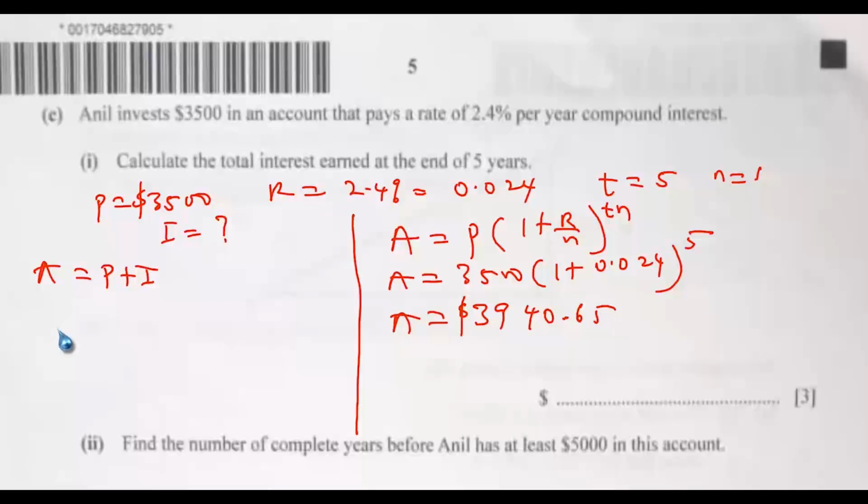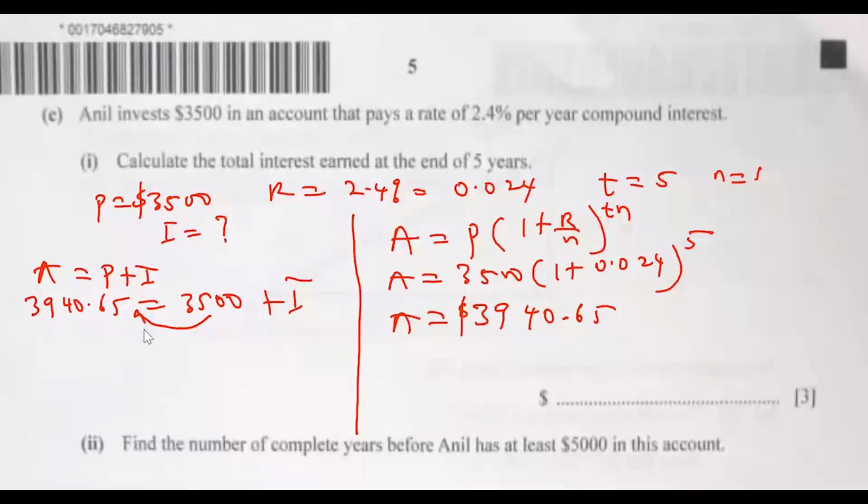So that will be your amount. From here, it is easy for you to calculate the interest. We already have amount equal to principal plus interest. So let's key in the values there. The amount is 3940.65, which equals the principal, that is 3500, plus the interest.